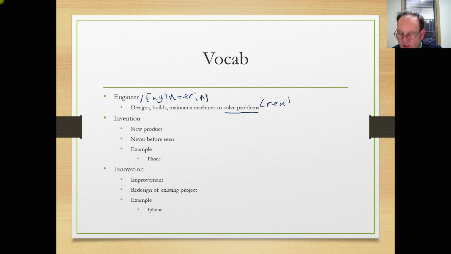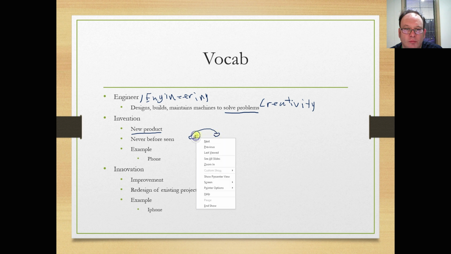Creativity to solve problems. Okay, an invention. An invention is a new product, something that has never been seen before. I use the example here of the phone, and this is going to be my poor example of a phone here.